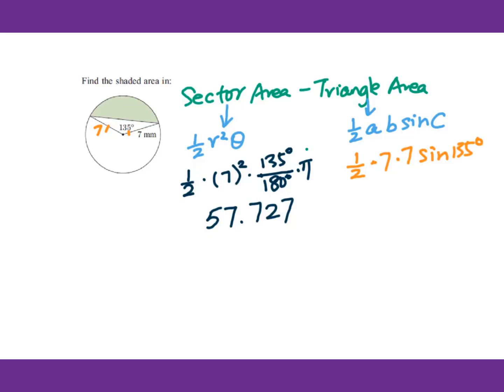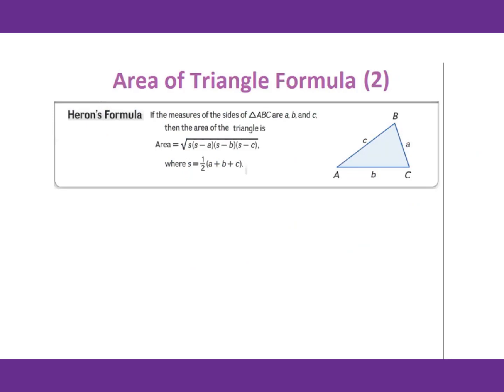Make sure for mode you set it to degree. We got 17.324. Then you need to subtract from 57.727, and you will get the shaded area. Shaded area will be 40.403 millimeters squared.